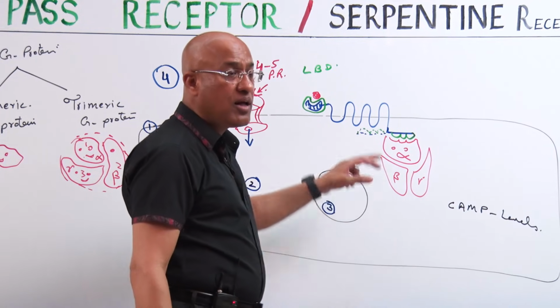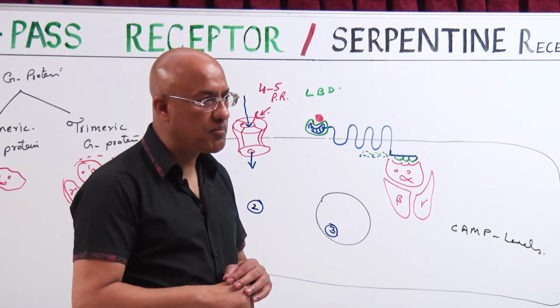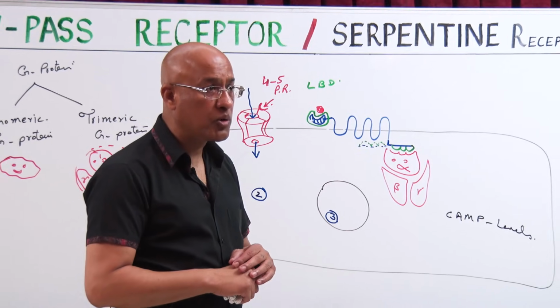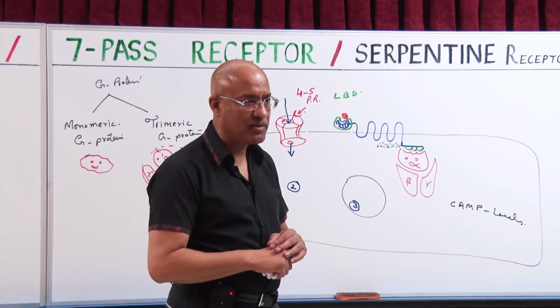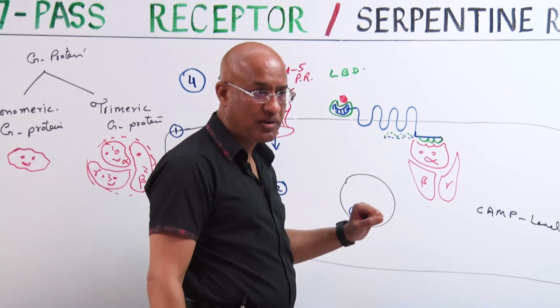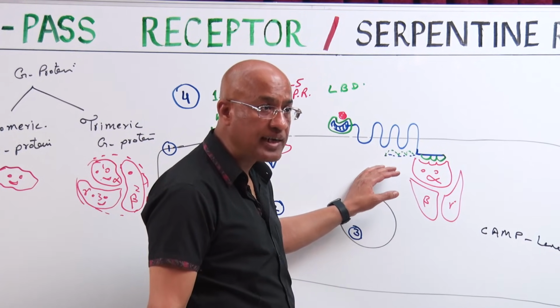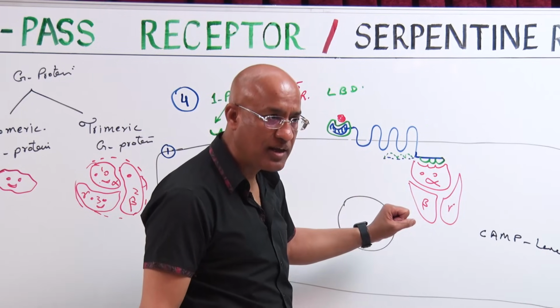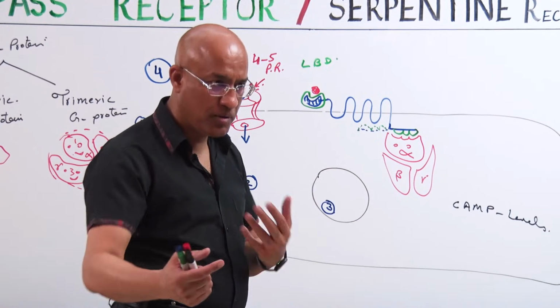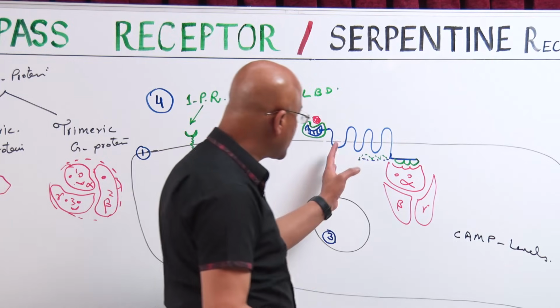Why? Because presently, about 30 to 40% of the drugs available in the market act by modifying the actions of 7 pass receptors. So it's very important to understand these receptors, their types, their signaling mechanisms, and what biological responses such receptors produce. Of course, we will discuss in detail later. We are just classifying now.